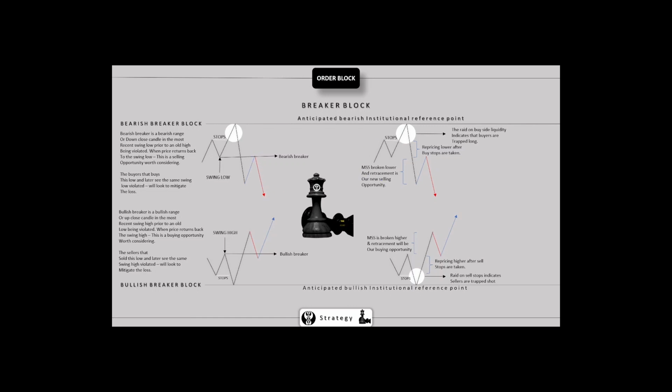So the MSS broken lower and retracement is our new selling opportunity. This is a market structure shift, which means the market will shift direction to go lower. So your selling opportunity is going to be around here when the market comes back to that particular point.